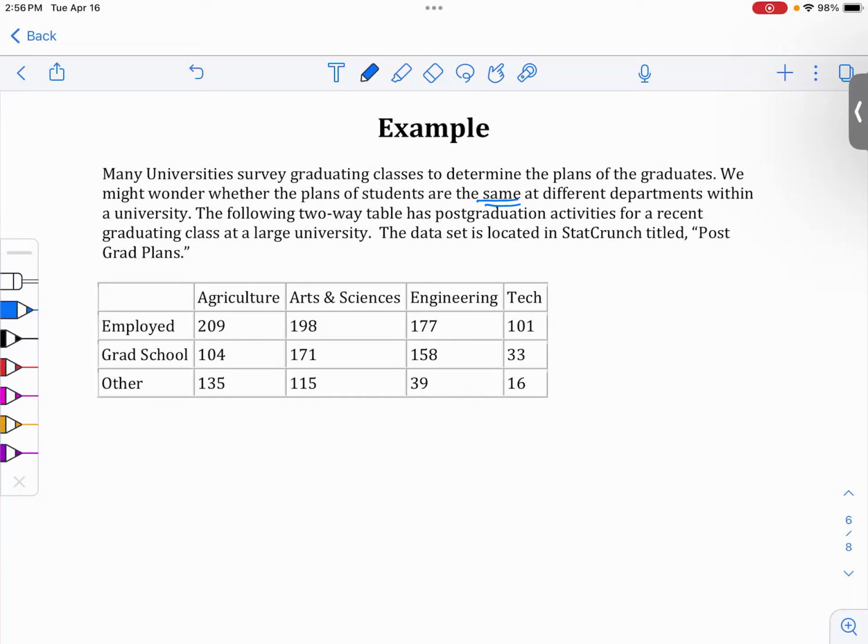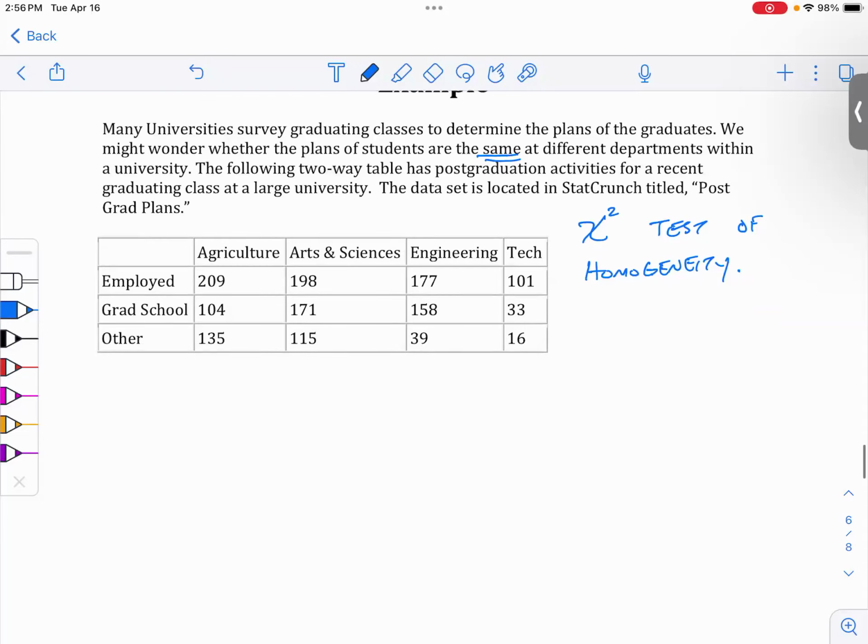That means this is the chi-squared test of homogeneity. And so, all right, that means now I have the ability to write my hypotheses.